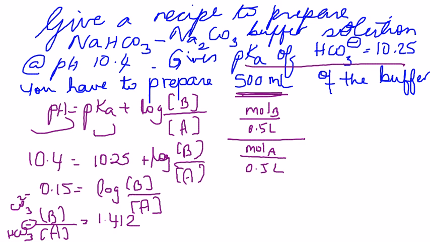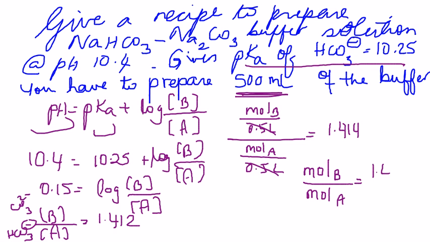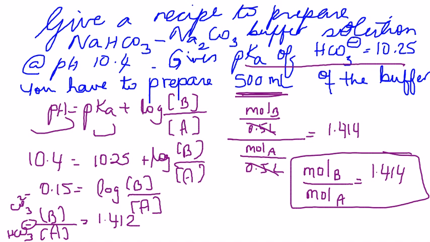The volume is the same, and that value is supposed to be 1.414. So the molar concentration directly correlates with the moles of the base divided by moles of the acid, which should be in the ratio 1.414. So that's one aspect of it.